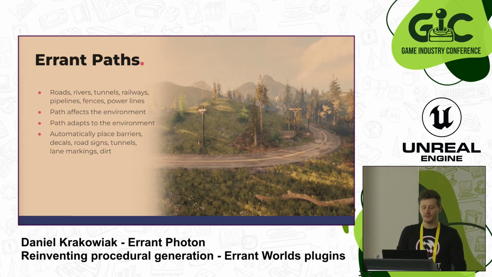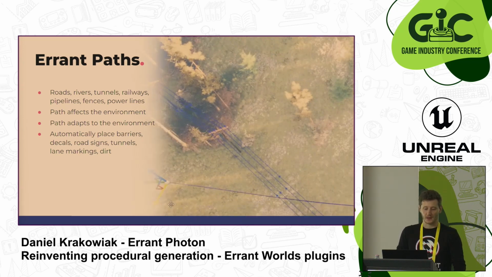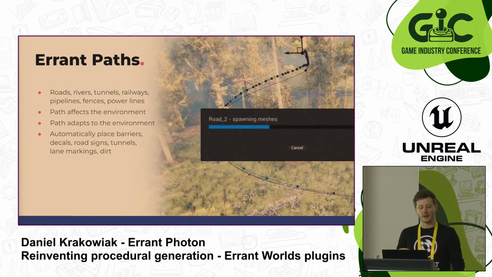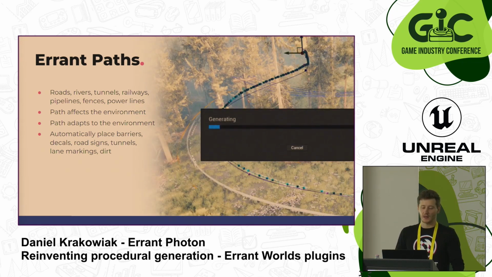And paths, paths is for everything spline-based. So it could be roads, it could be railways, it could be rivers. And the key thing about this is that first, it affects the environment. So it can write biomes, it can remove biomes.